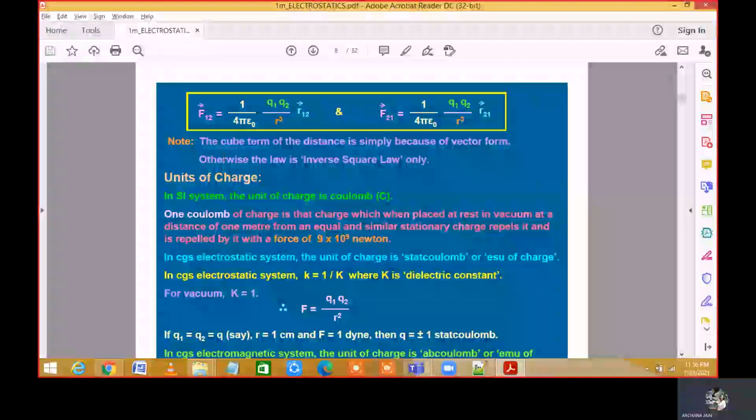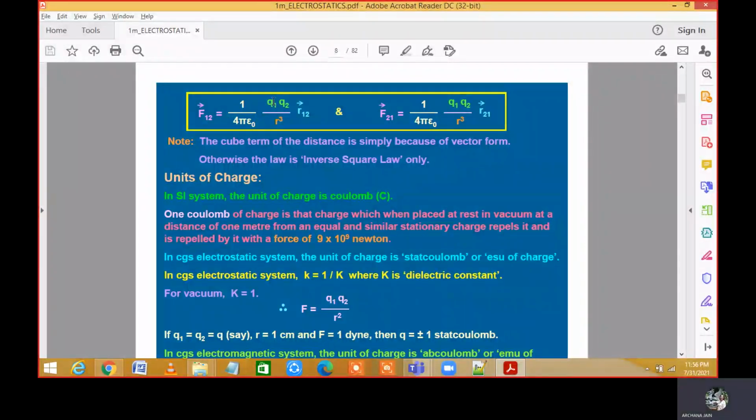We can explain this with the help of this formula. F12 is equal to 1 upon 4 pi epsilon naught q1 q2 upon r cube times r12 vector, or even r square also, then we take r12 cap. 1 upon 4 pi epsilon naught is 9 into 10 to the power 9.